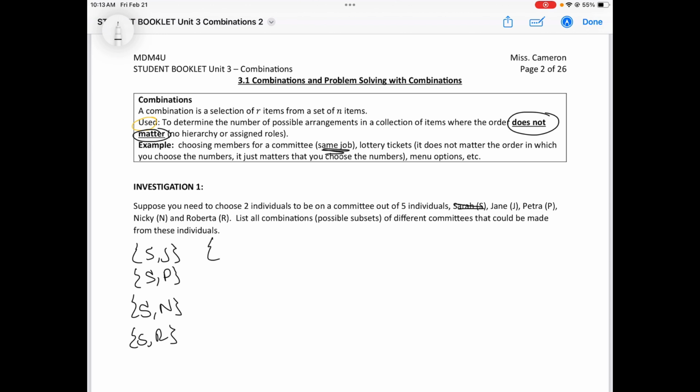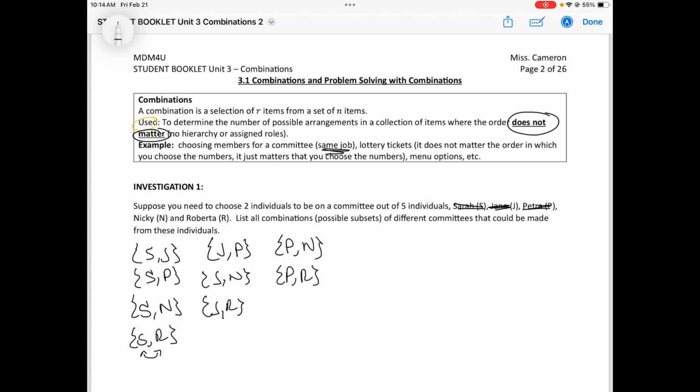We don't match her up again because remember, there's no roles. So Sarah and Roberta is going to be the same as Roberta and Sarah. Okay, so we can have Jane and Petra, Jane and Nikki, Jane and Roberta. Jane's done. We can have Petra and Nikki, Petra and Roberta.